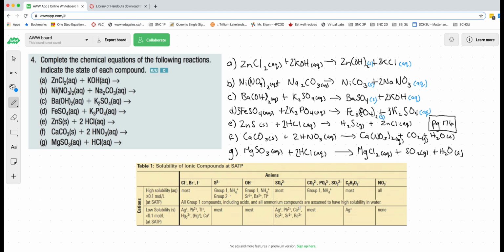Now, E, F, and G are special cases outlined on page 176 of your bookshelf. So you would have to then go to that page and read about double displacement reactions that produce gases and or are unstable, or neutralization reactions. So in the very first one, it's zinc sulfide.